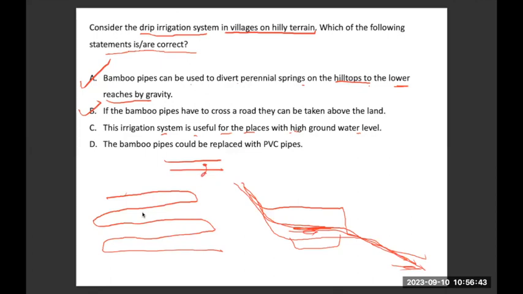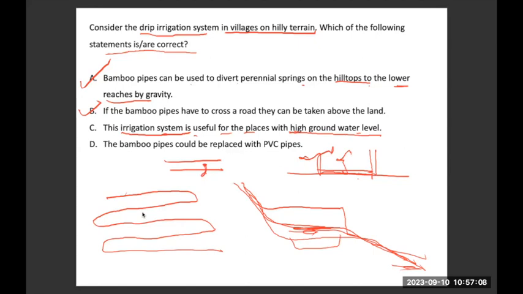These pipes are laid on the ground itself, and then there are plants on top. The pipe, through the small holes, allows the water to flow in droplets. This irrigation system does not have any relationship with whether the groundwater table is high or low.